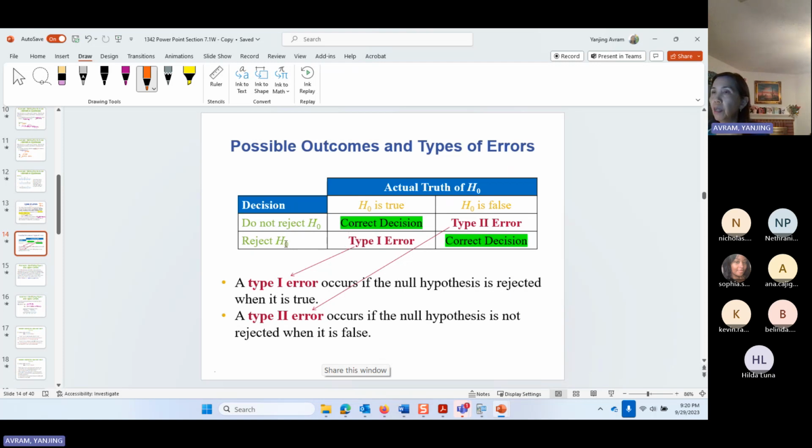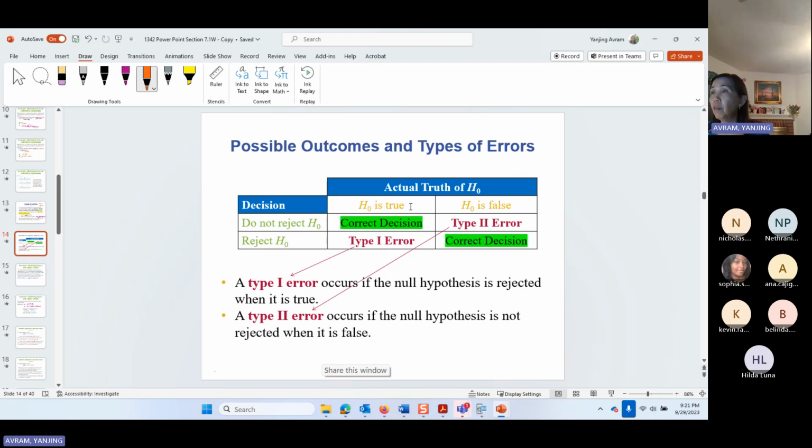If the null hypothesis is true and you do not reject the null, this is called a correct decision. But if the null hypothesis is true and you reject the null, that means you go against it, and you make a type 1 error.